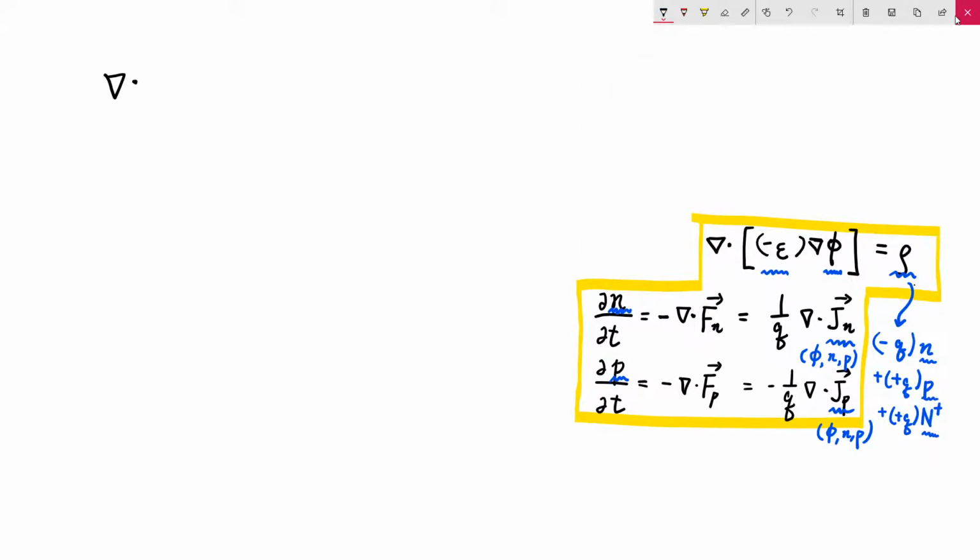So let me just copy our left-hand side term. Now think about this right-hand term. It can be decomposed into the contribution from electrons. You understand?